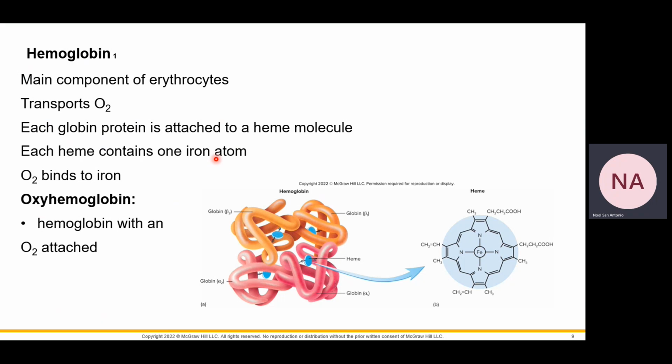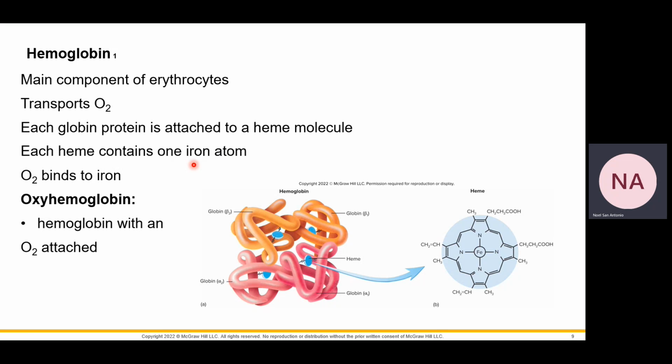And heme is primarily composed of an iron atom. So in order for hemoglobin to develop, you need atoms of iron. That is why iron deficiency in the body actually leads to deficiency of hemoglobin.